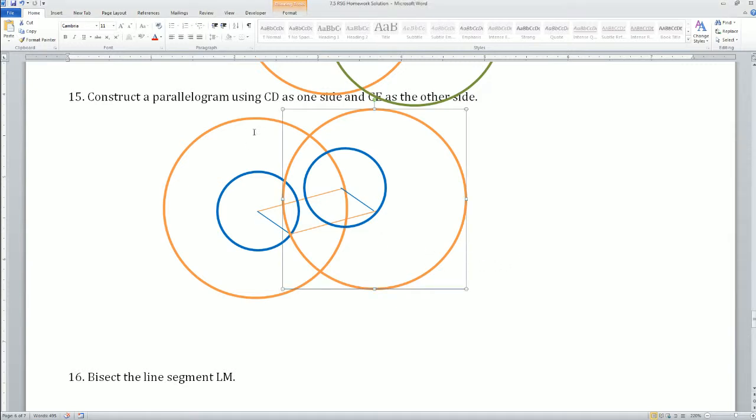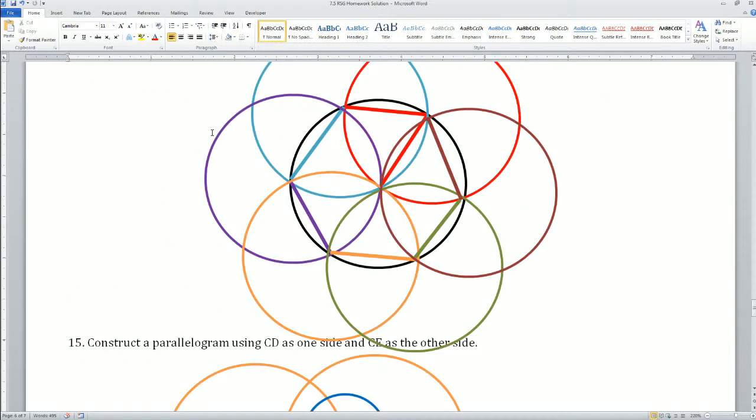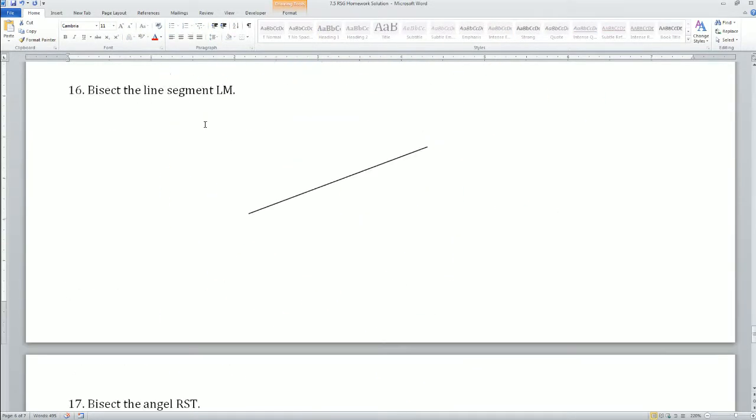Two circles with large radiuses for the outside part, then the 2 circles here for the diagonals right there. Okay. Next, bisect the segment. Bisecting, let's just grab one of the pre-made circles. So much easier.